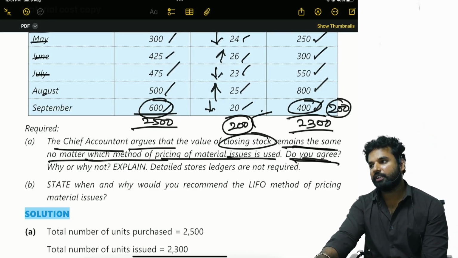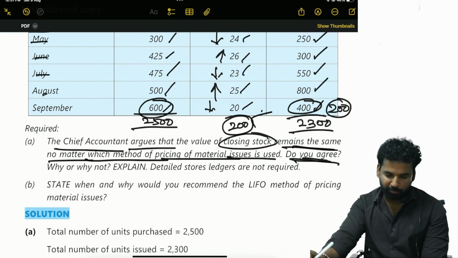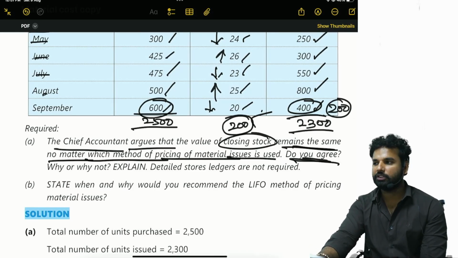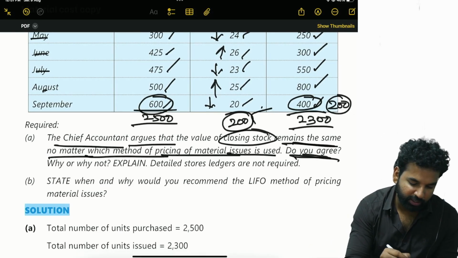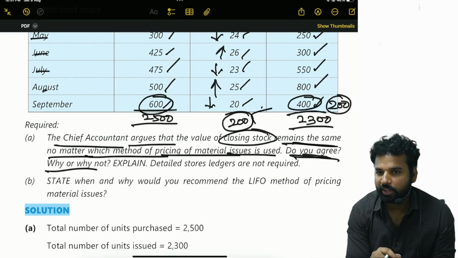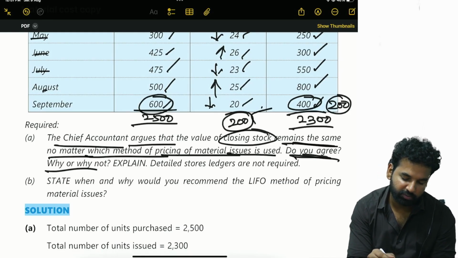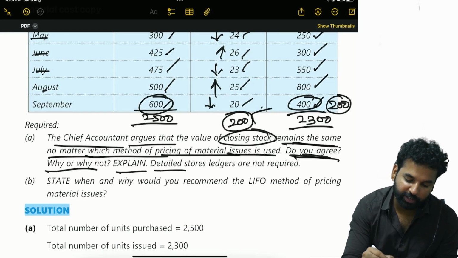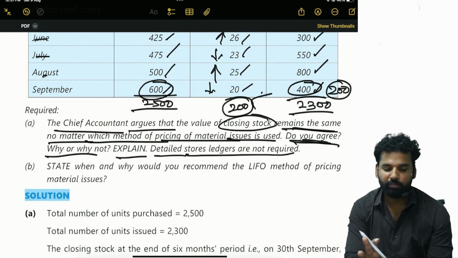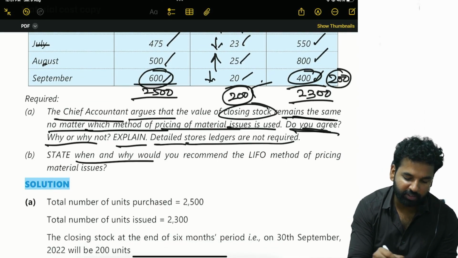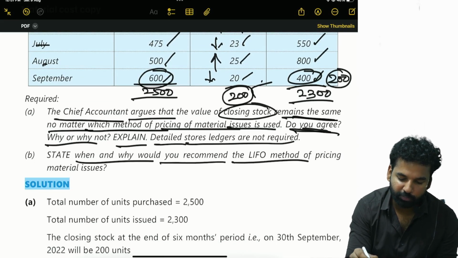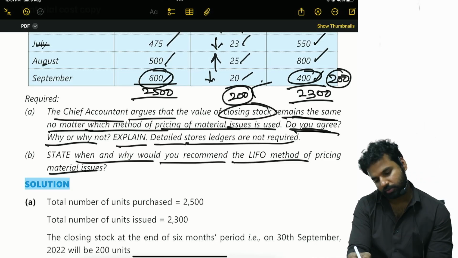Generally speaking, with the LIFO method and FIFO method, closing stock will differ, correct or not? But in this case, you have to check whether it will differ. If it is agreed, why? If it is not agreed, why not? Explain in detail. Detailed stores ledgers are not required, but you have to explain. State when and why you would recommend the LIFO method of pricing material issues.